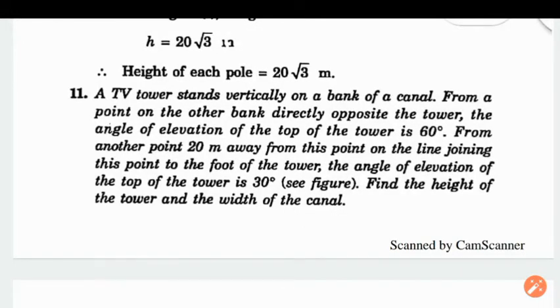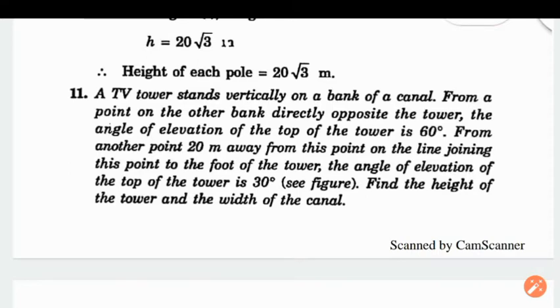Here I come with my new video today, and in this video we are going to solve the rest of the questions which were left in exercise 9.1. We have started exercise 9.1, which is based on application of trigonometry, height and distance. That exercise consists of 16 questions, and we have solved till question number 10 in the last two videos.